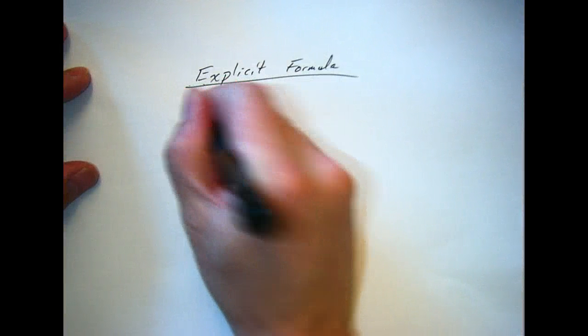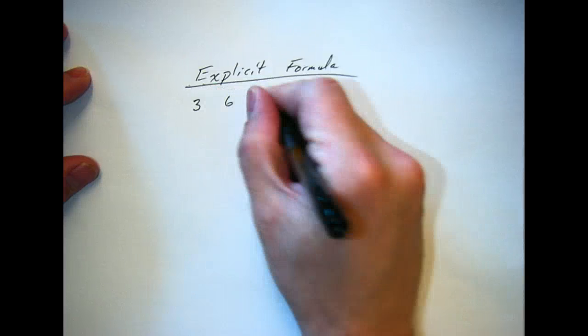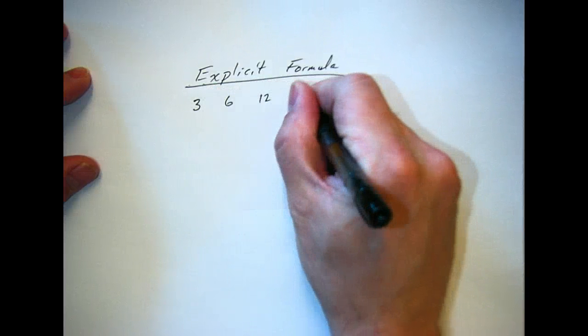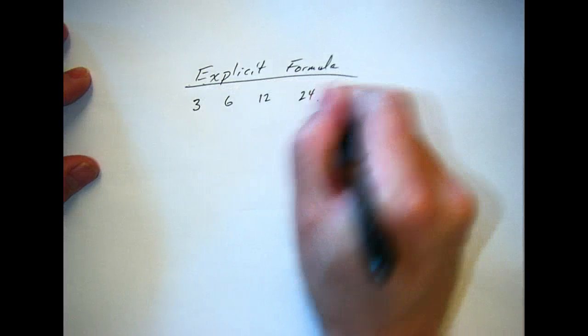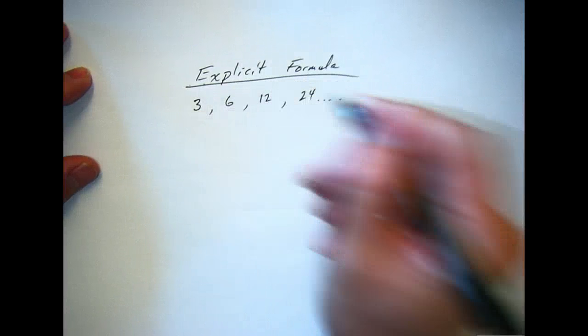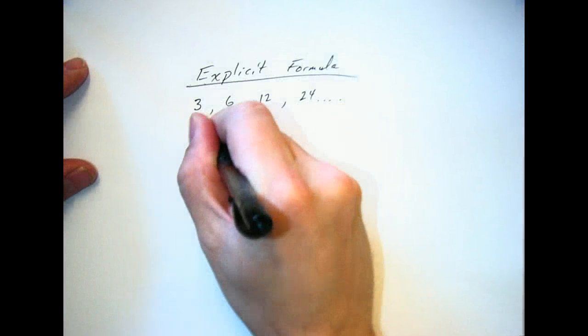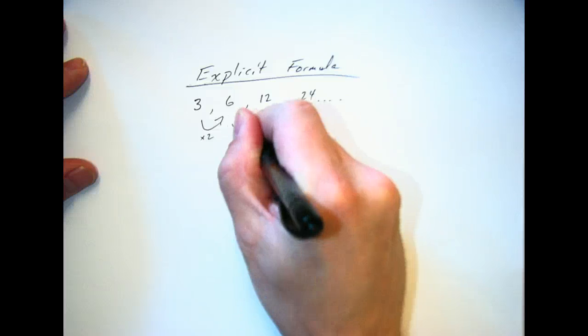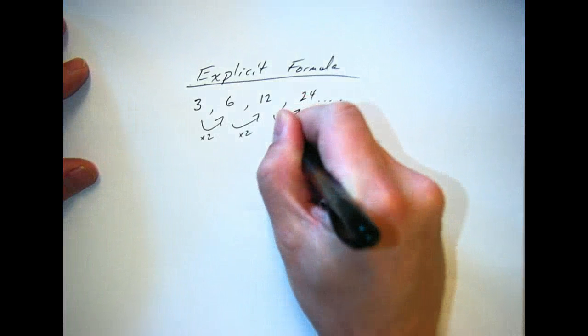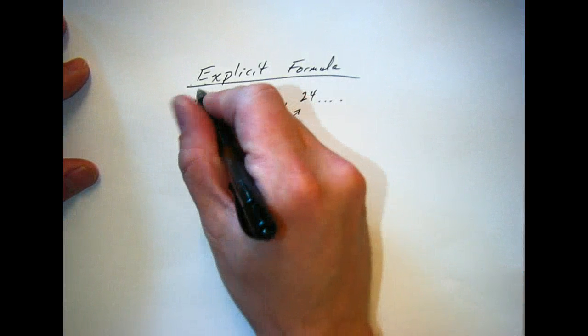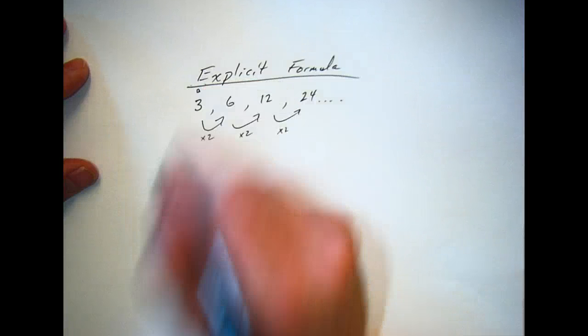you, say, 3, 6, 12, 24, and so on, if that's my pattern, what's my common ratio there? Times 2. Pretty easy, right? Multiply by 2 each time. This is called a sub 1.